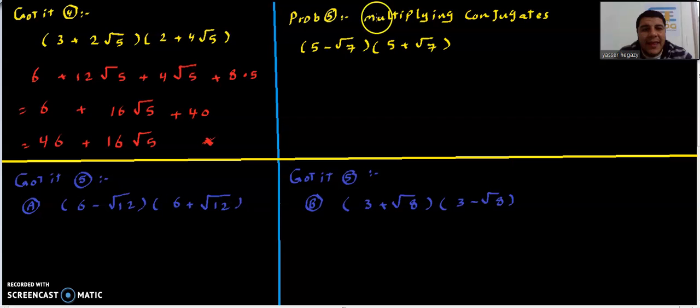Problem number 5, multiplying conjugates. What is the meaning of conjugates, Mr.? We studied before in grade 9. Conjugate: just change the sign of the middle term, or the second term.